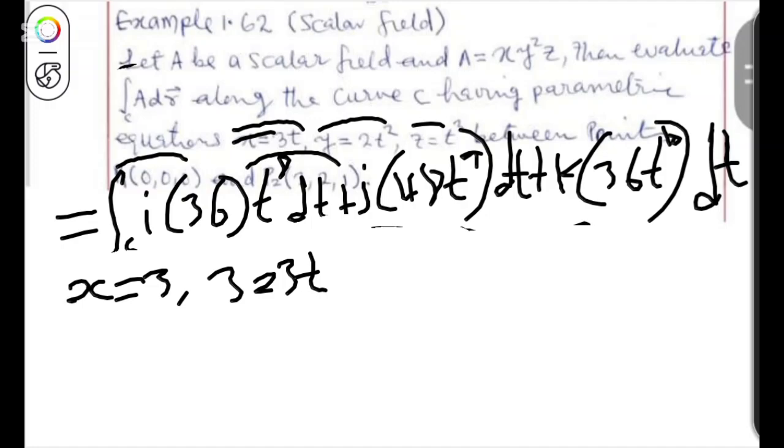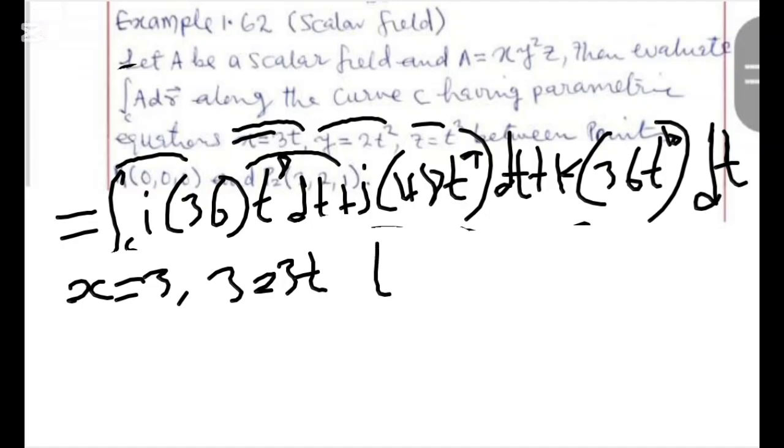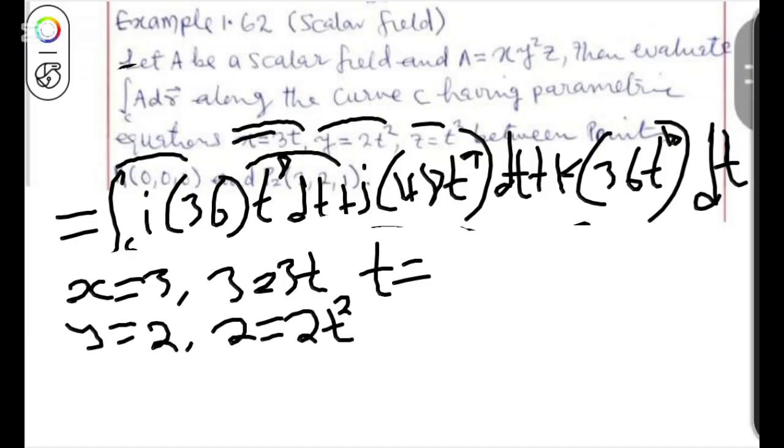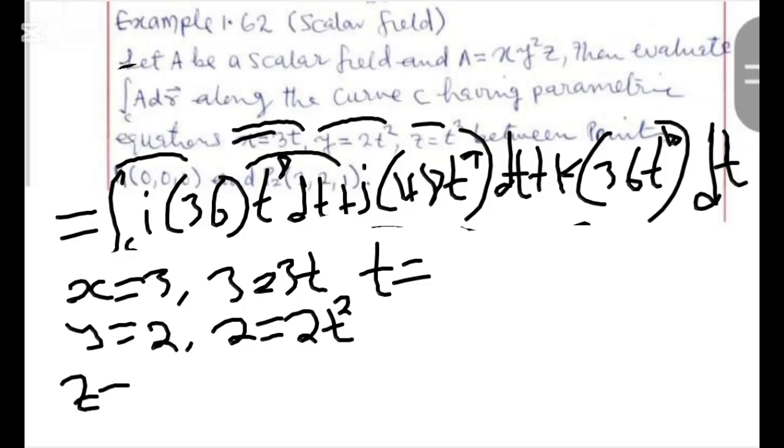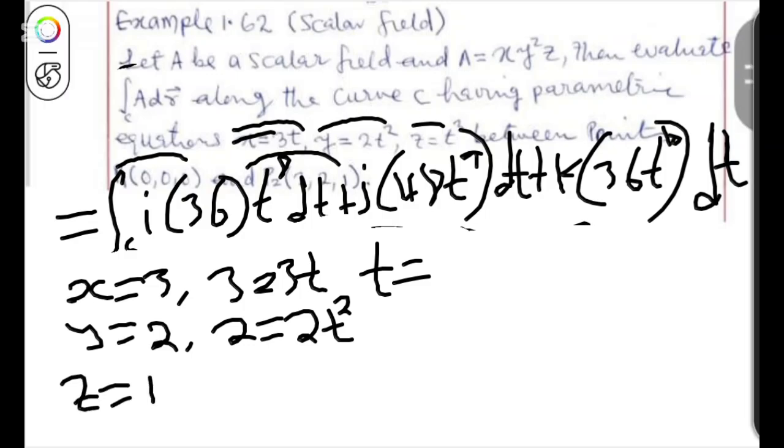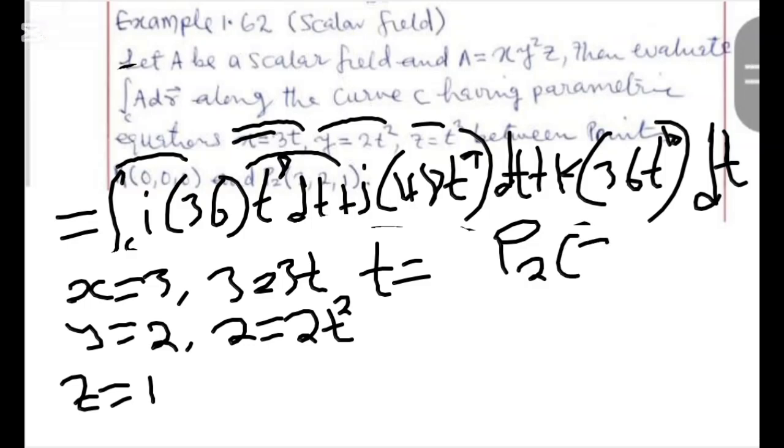So the next thing is that at t is equals to what? But let me first say y is the same thing as what? 2. This will be 2 is the same thing as 2t squared. Let me say when z it is equals to 1. Don't forget, I am not just inserting the numbers, because P2 is given as 3, 2, and 1.